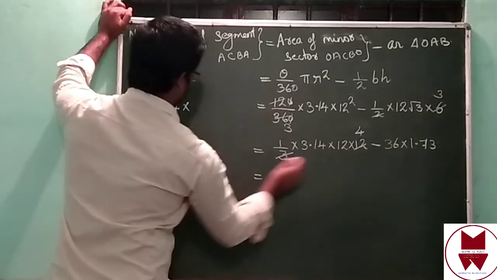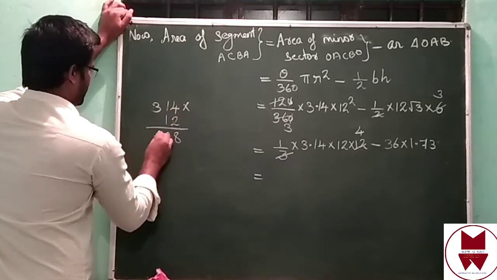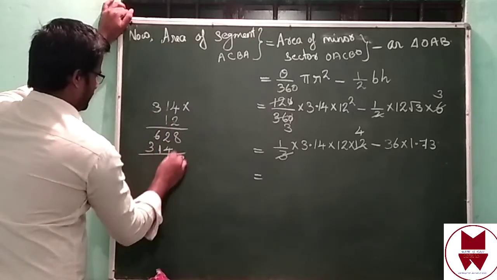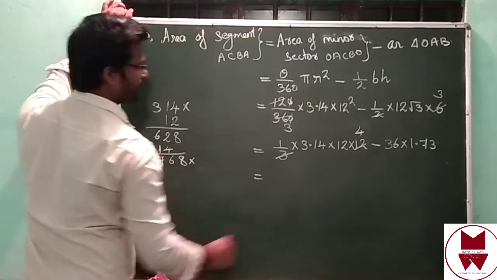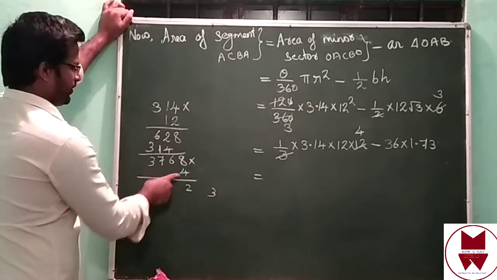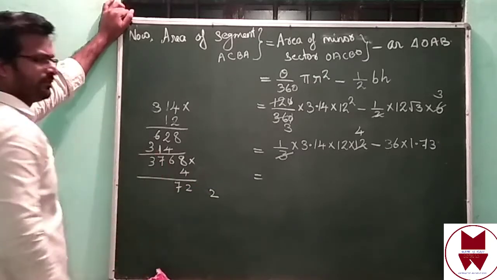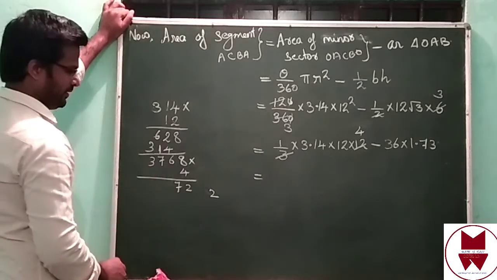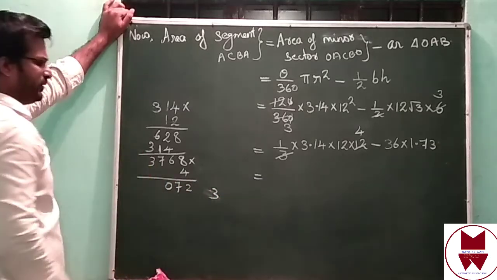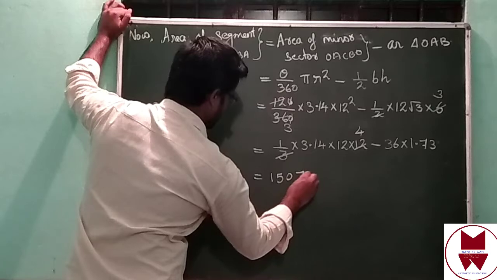314 into 12. 2 into 4 is 8. 2 into 1 is 2. 2 into 3 is 6. 1 into 4 is 4. 1 into 1 is 1. 1 into 3 is 3.